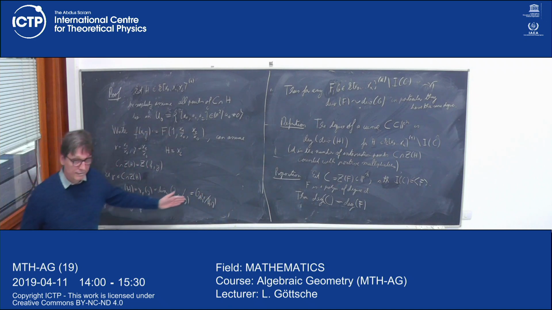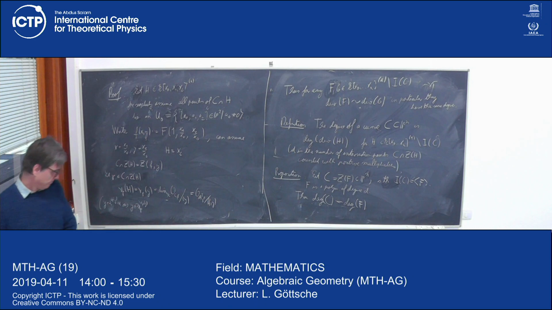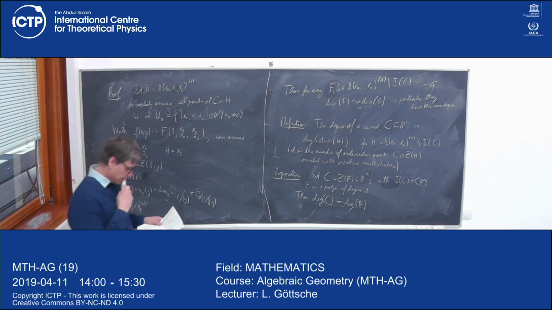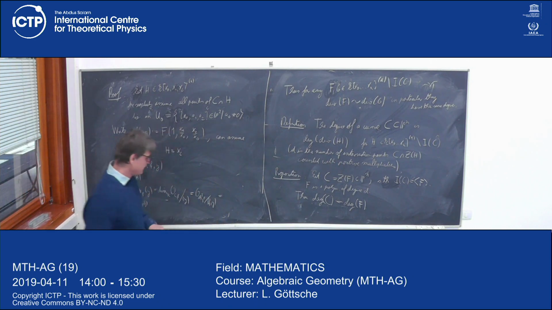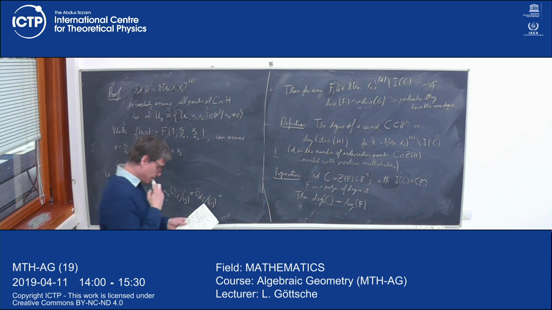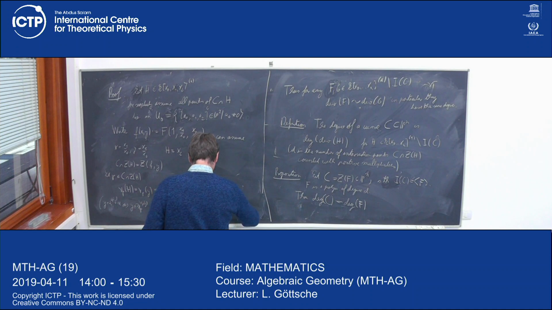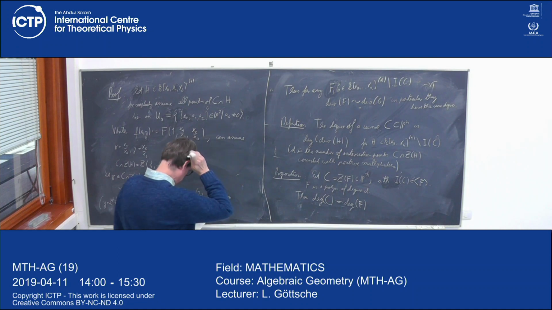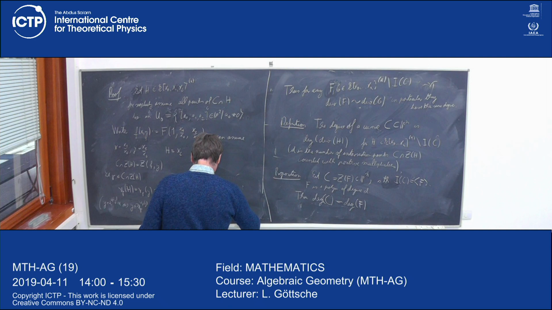This is the same thing. And now we can exchange the roles of f and y. So this is the same as the dimension of the local ring on the zero set of y.